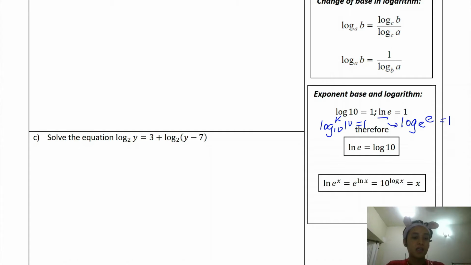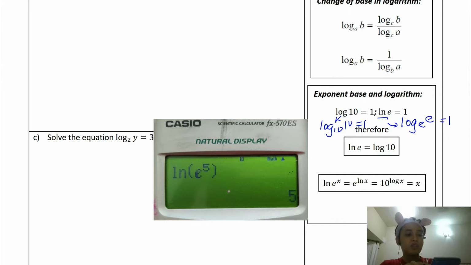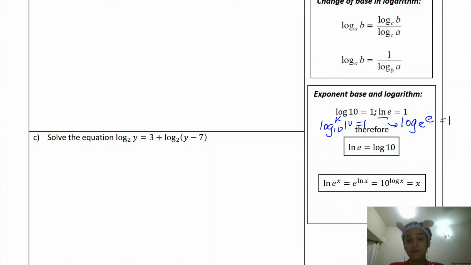Not sure whether you can see this, but when I punch ln e to the power of 5, I get back the answer 5. So remember this relationship right here. And e to the power of ln x, you also get back x. This one you are going to use during your simplification or solving problem part.